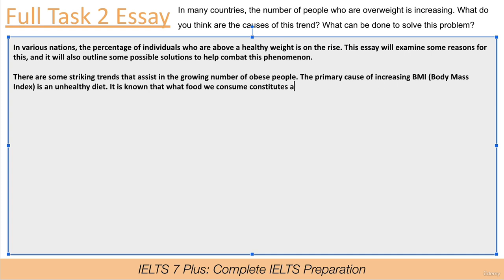Or it is known that the food we consume accounts for around 80% of how our bodies are looking, are feeling.